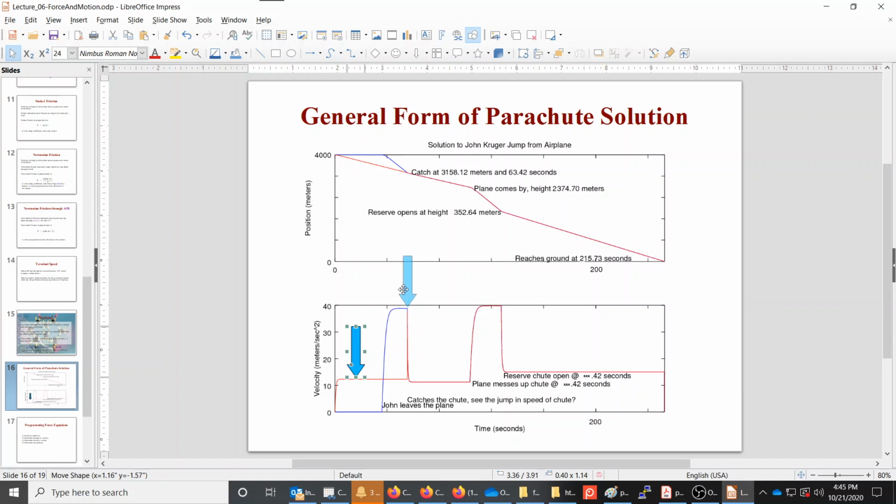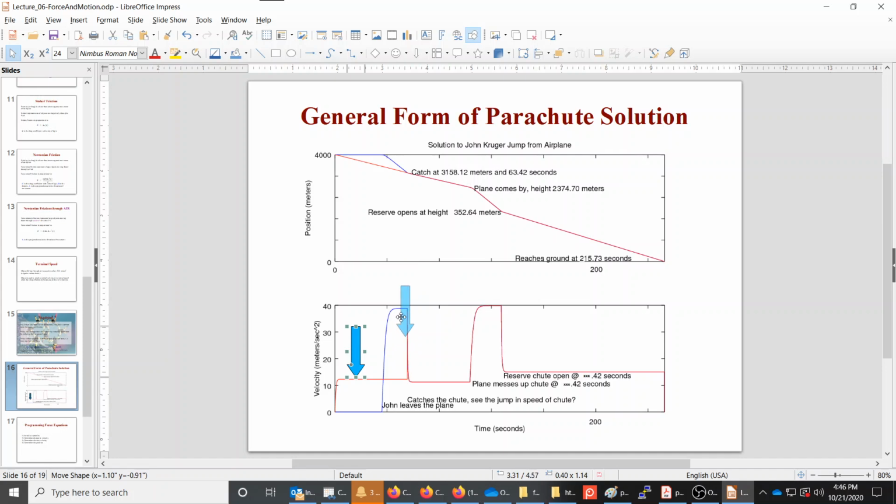Now the parachute opens, and so he slows down. Notice the parachute sped up. The parachute was right here, and it did a huge speed increase because he grabbed it. He was going so fast, he basically went right on by the parachute, but fortunately he was able to grab it, and so he grabs it with him.